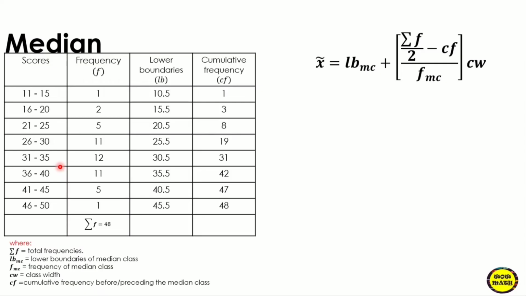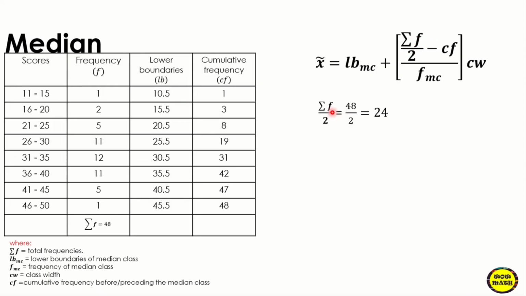Alam agad natin yung median class, yung pinakagitna. Kapag odd number, kapag even, add natin yung dalawa, divide by 2. So, paano kapag grouped data? Ang gagawin natin para ma-identify nyo dito kung saan yung median class, ang unang gawin, kunin natin yung summation of f over 2.